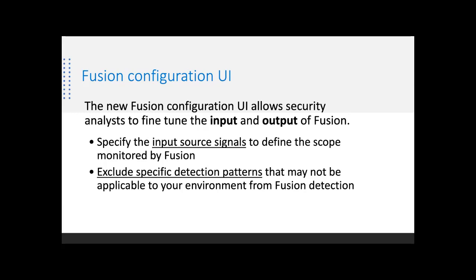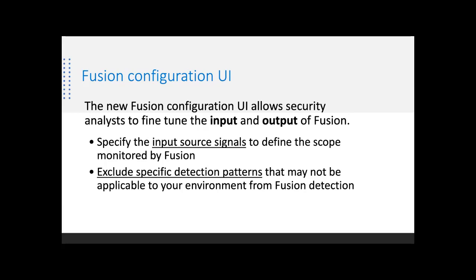However, there may be a Fusion-specific detection pattern that may be noisy or prone to false positives, or maybe it just doesn't apply to your environment. And this is where you have the ability to exclude a specific detection pattern from Microsoft Sentinel Fusion. So again, there's lots of flexibility here when it comes to providing your own custom input based off your own custom needs for your security operations.